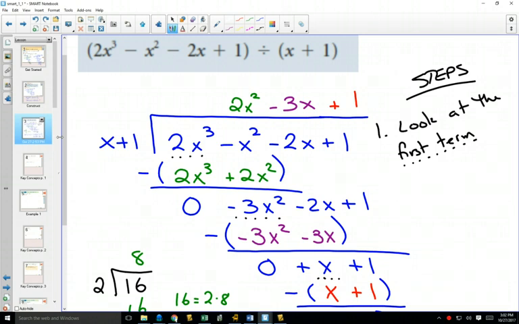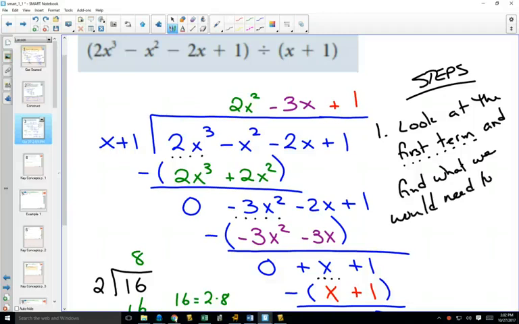We look at that first term and find what we would need to multiply, and I'm going to write x plus 1 in blue here, because that's going to change in each question.